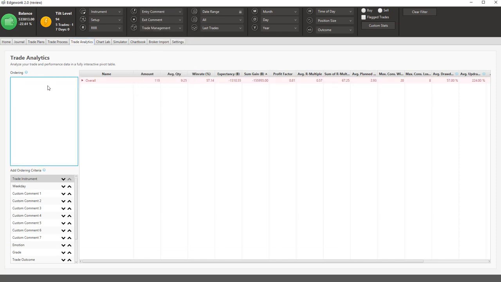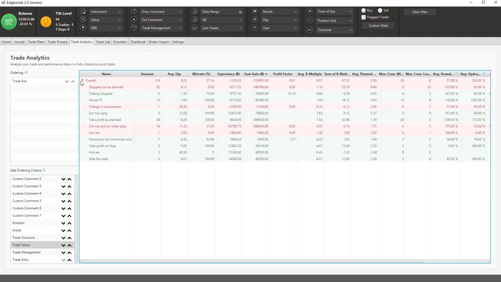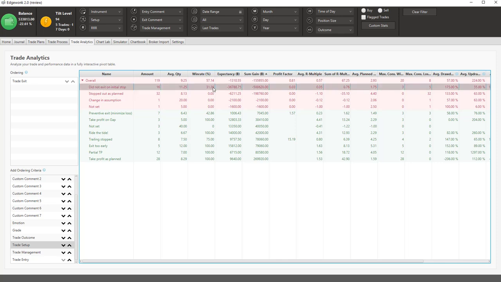So let's go back to the trade analytics, and let's take a look at his exit comments. For that, we use the trade exit comment here in the ordering. We get a breakdown. We want to order it again by sum and gain. And you can see, did not exit on initial stop loss. He lost 588,000. So this is much, much more than his overall loss. So it seems like this is really a big deal.